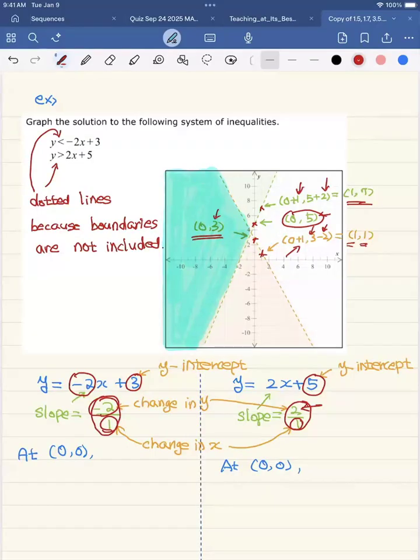And then what we have to do is solve the system of inequalities. So the solution set will satisfy both inequalities. What we will do is solve each inequality, and then we will consider the overlapping part. In the first inequality, we check with (0, 0).